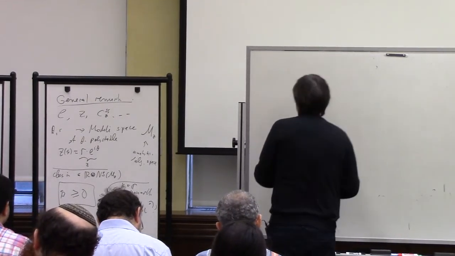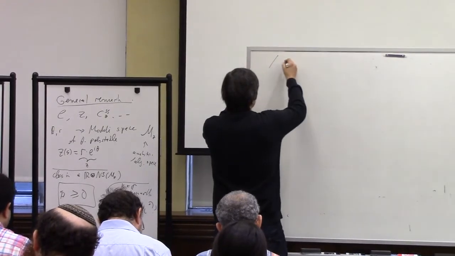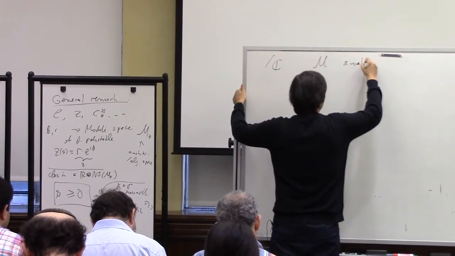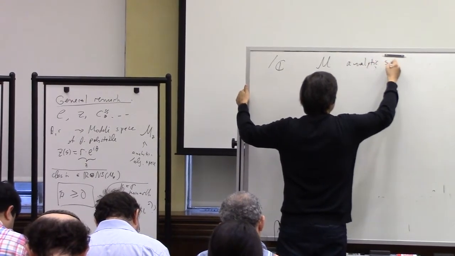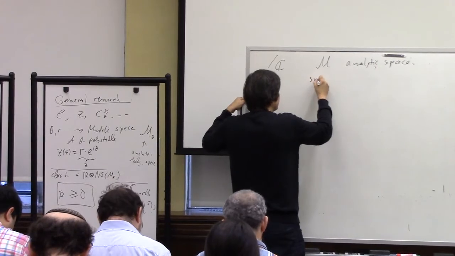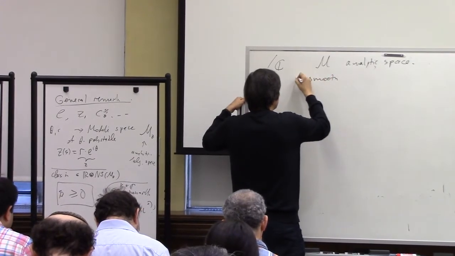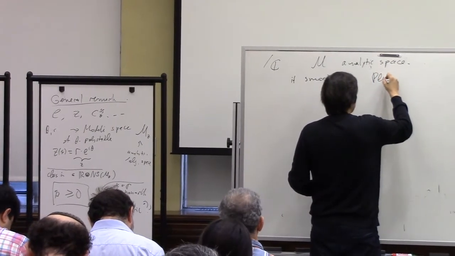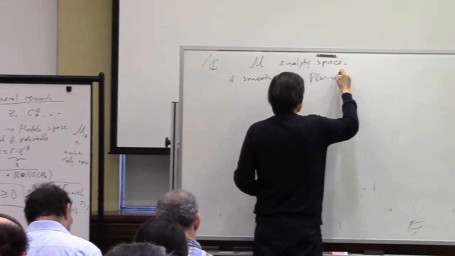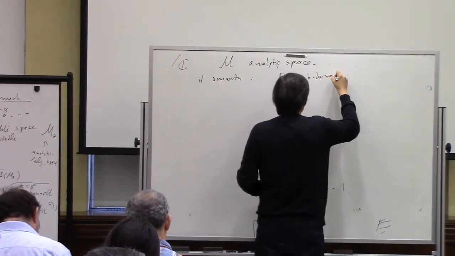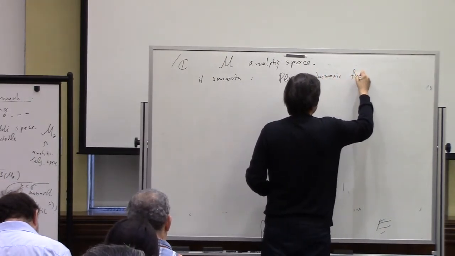Yeah. First of all, let's return to complex geometry over complex numbers. Suppose I have M, which will be some analytic space. If it's smooth, one can speak about pluri-subharmonic functions.